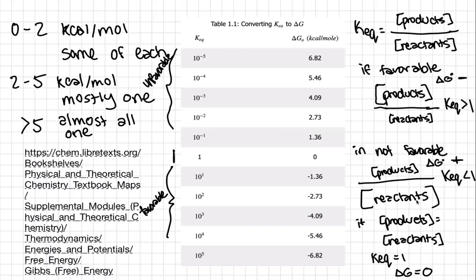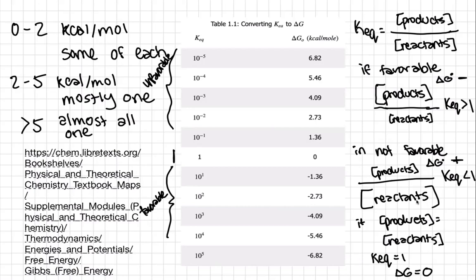So if you have anywhere between 0 and 2 kilocalories per mole as the delta G naught, in either direction away from that 0, that's telling you that you have more of one than the other, but you'll still have pretty significant amounts of both of them.